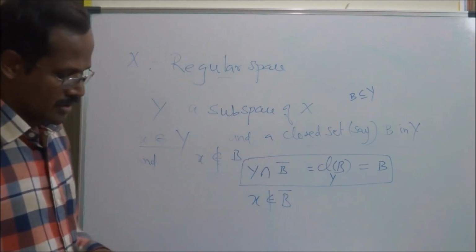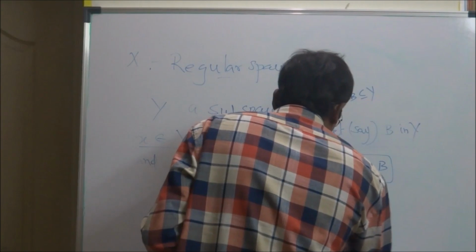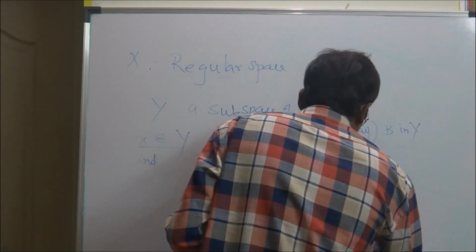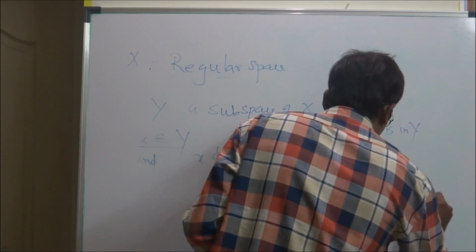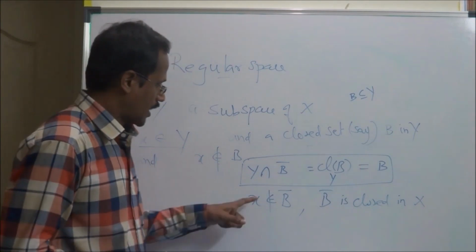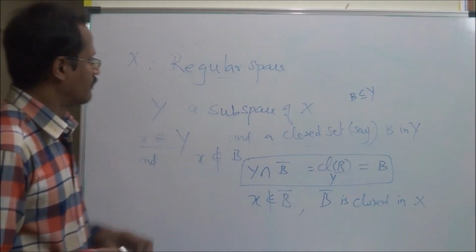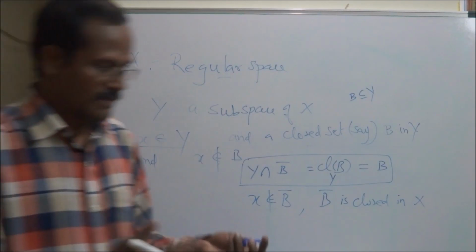And observe that B closure is always closed in X, because the closure of a set is always closed in any topological space. So look at that, here we have a closed set in X and a point not in the closed set, whereas the space X is a regular space. So you apply the definition.